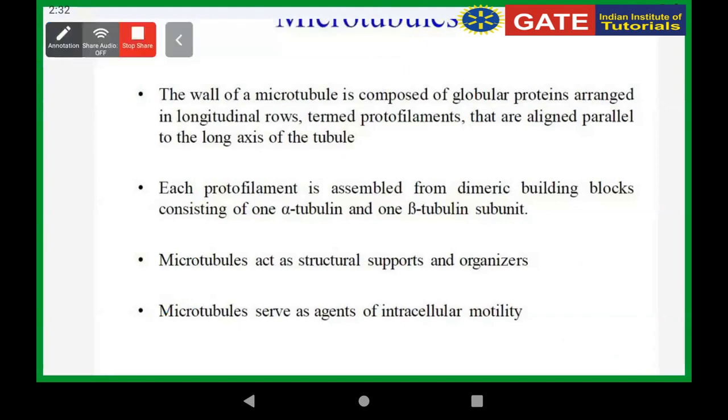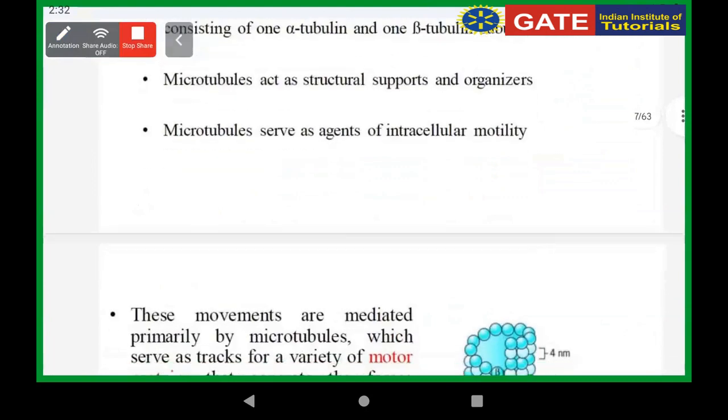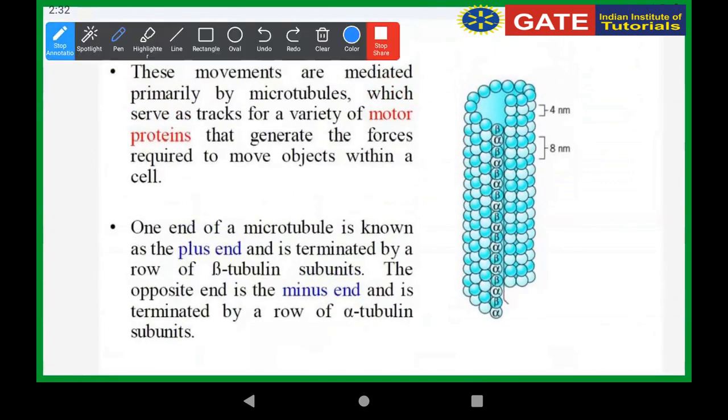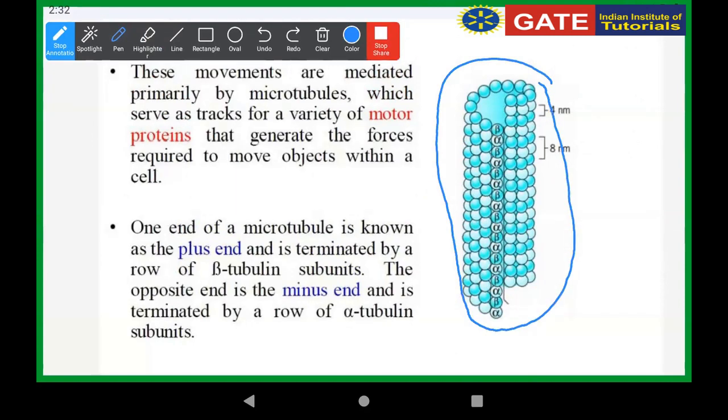Yes, ma'am. Next, the microtubules have protein subunits, and the protein subunits are of two types: alpha tubulin and beta tubulin proteins. Two types of proteins. These are the same, but they are isomers, with only some structural changes. First is alpha tubulin, next is beta tubulin, joined.